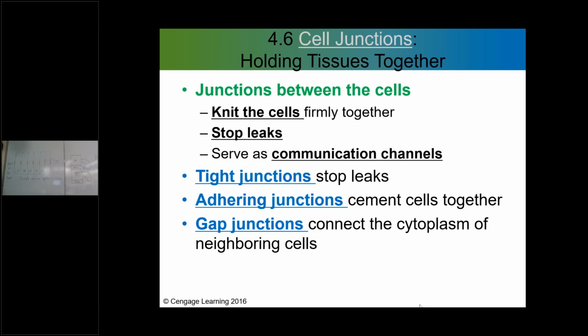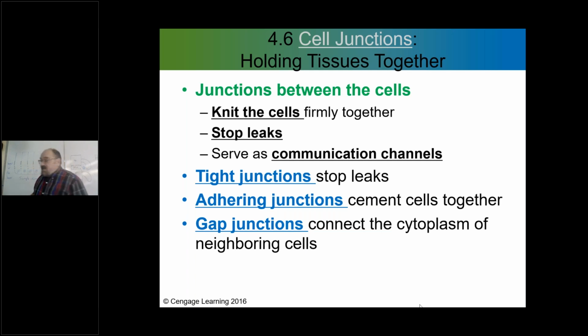So you'll have structures that knit the cells together, stop leaks from taking place, and allow communication, meaning that there can be channels present between each of the cells so that material from inside of this cell, some of it may go into this cell and then into this cell.